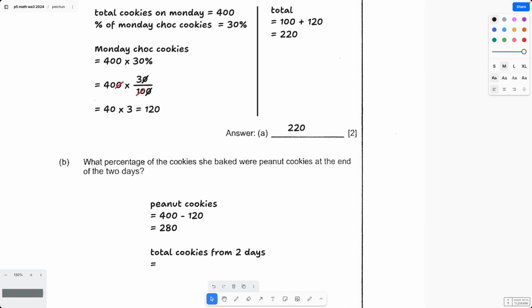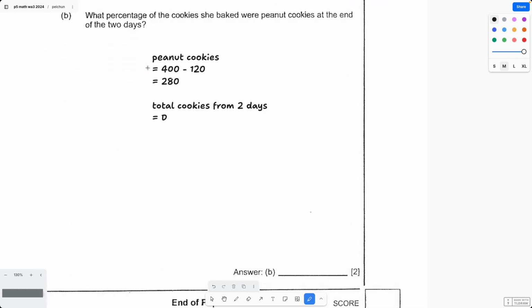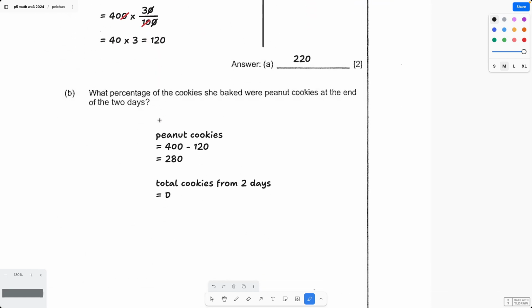And this will become, so we have a total of, in this case, 400 cookies on Monday and 100 cookies on Tuesday. So we're going to have 400 plus 100, and this will give us 500 total cookies. All right.